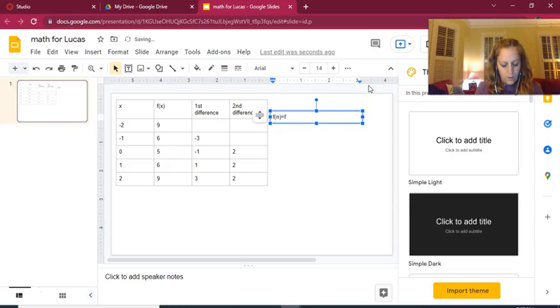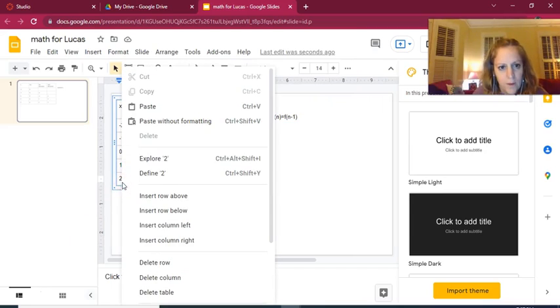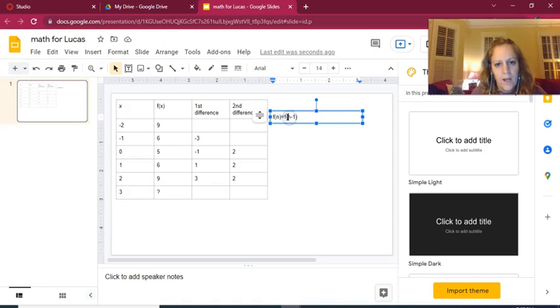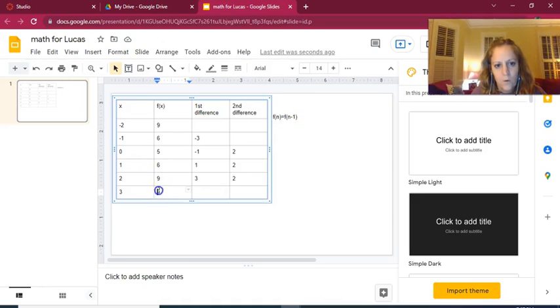So it's going to be f of n equals f of n minus 1, which means if I'm trying to find this value down, let me see if I can insert a row below, let's say this is 3. If I want to find this value right here, then when I have f of n minus 1, it means I'm going to go back to 9 to find this question mark down here that I don't know.